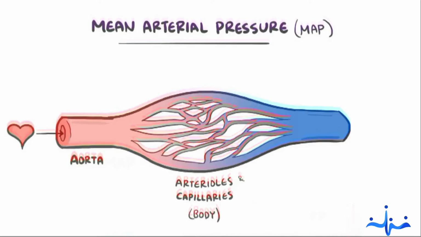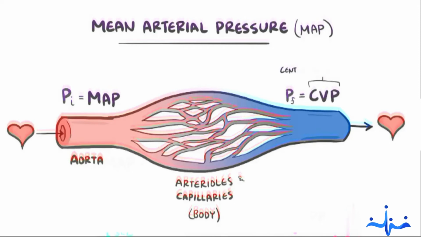And then the venous blood returns to the right atrium of the heart. So in this zoomed out view of everything, the initial pressure here represents the pressure in the arteries. In other words, the mean arterial pressure. And the final pressure over here is the pressure in the veins, or the central venous pressure, or CVP, in the vena cava right before they enter the right atrium.